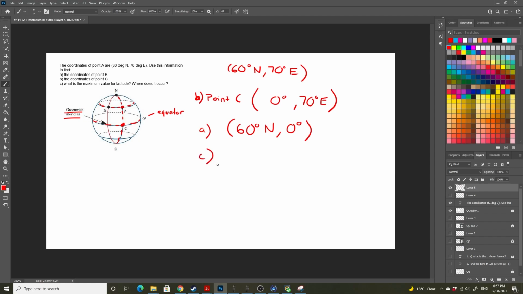C is asking us, what is the maximum value for latitude and where does it occur? The maximum value of latitude can be thought of in two ways. It can either be the maximum value north or the maximum value south, and in either case, what we have is 90 degrees north or 90 degrees south.